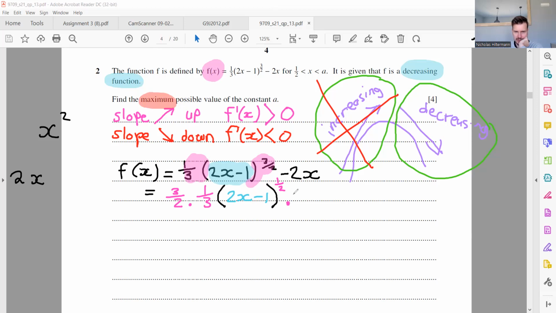Minus 2x, well, the derivative we know of minus 2x is minus 2, because the derivative of any number with just an x is just that number in front of the x. So the derivative of a third x is a third. Derivative of 5x is 5. So the derivative of minus 2x is minus 2. Okay, so we've done the chain rule in order to get the derivative.